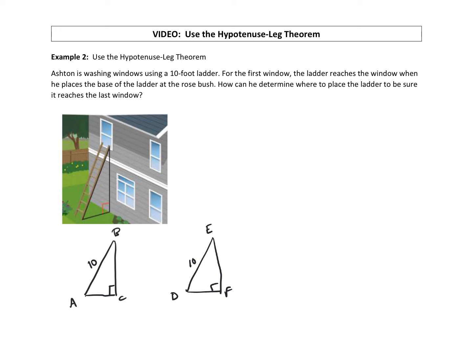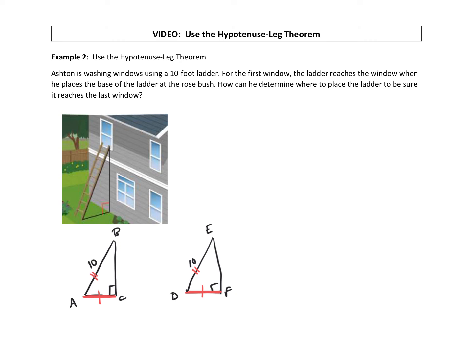So what we have is Ashton placed the ladder some distance away from the house. We don't know what this is. But when he moves the ladder, if he places it the same distance away from the house, I want those two sides of these triangles to be congruent. Now, if we look at our two right triangles, we have a congruent hypotenuse, and we have a congruent leg, and we have two right triangles.